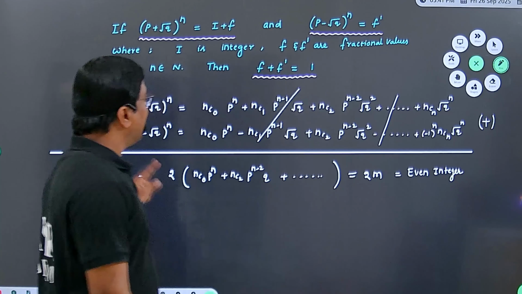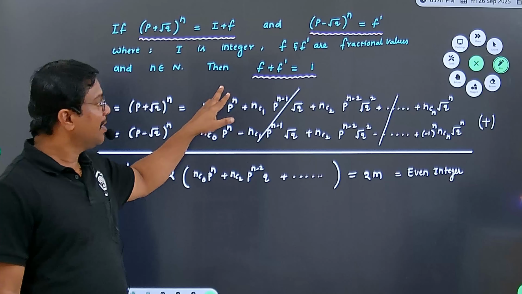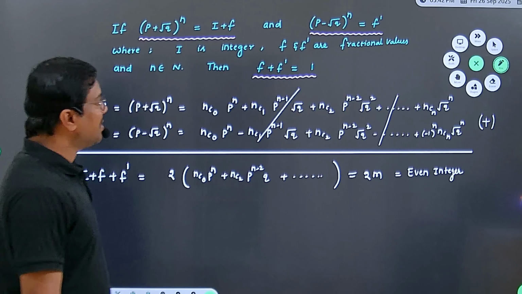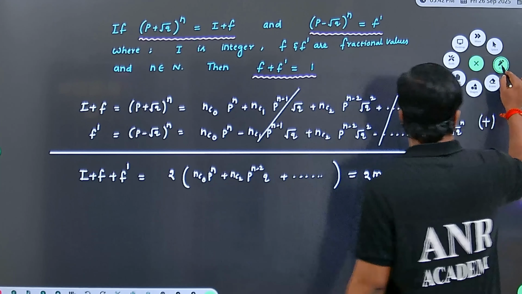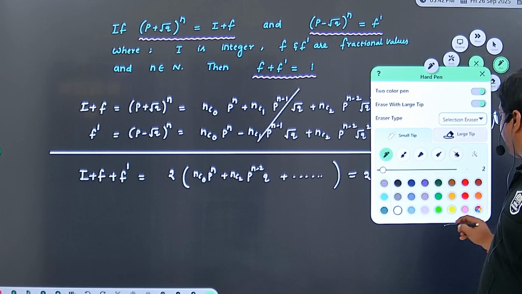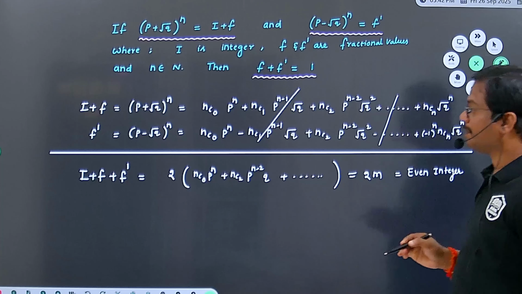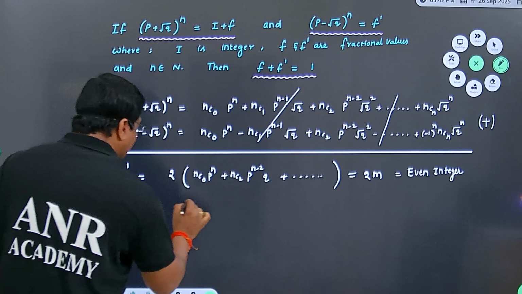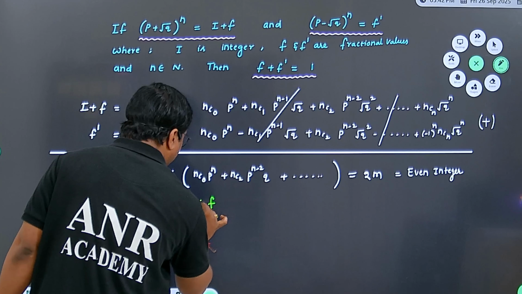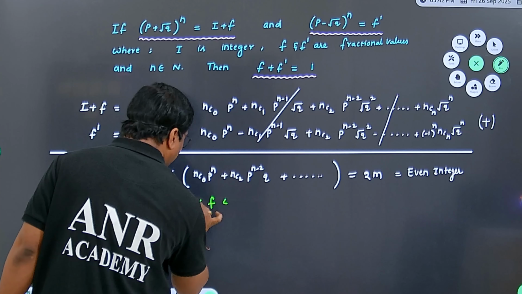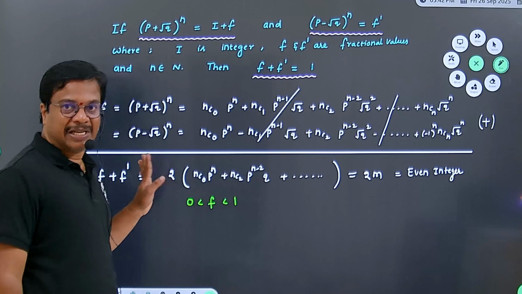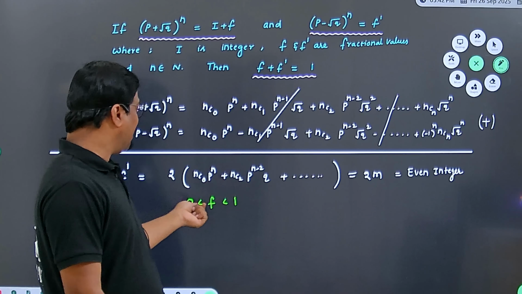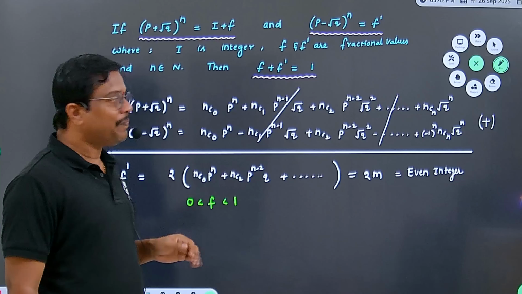Yes, but the aim is to find the value of f plus f dash in this case. You know that f is a fractional part, and the fractional part value always lies between 0 and 1. I am going to write that f, the fractional part, is between 0 and 1. 0 is also possible in general, but here I am not going to select 0.